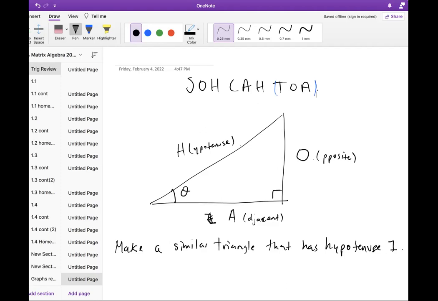Now, how do you do that? Well, we know what similar triangles mean, right? Similar triangles mean that sides are proportional. So in essence, if I turn this hypotenuse into 1, then I must scale down the other sides accordingly. So how do you do that?